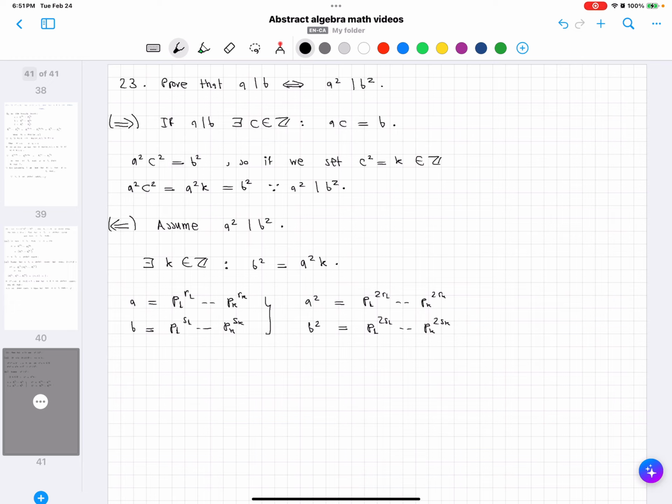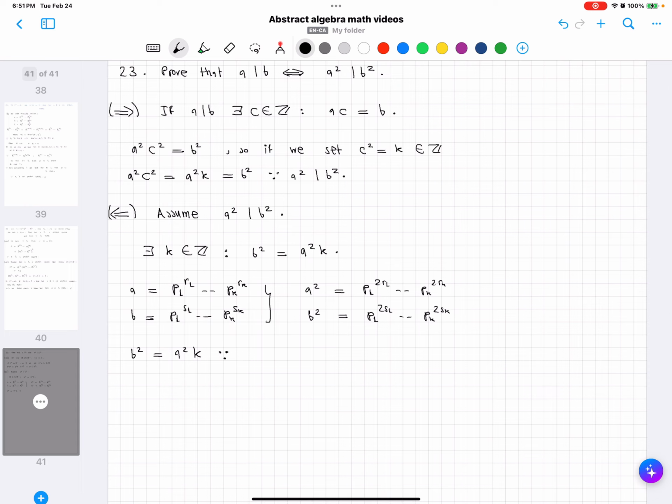So what we have is, from the fact that B squared is equal to A squared times K, we could write that in terms of the primes.